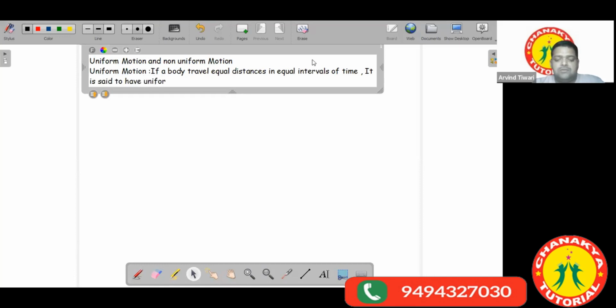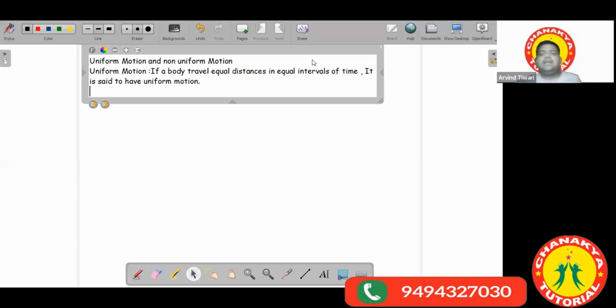So see how we say uniform, and in this it means that it is moving with a constant speed. The speed is not changing.